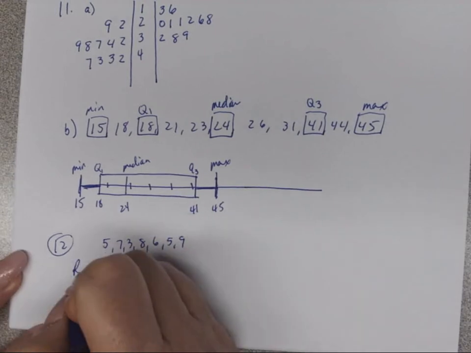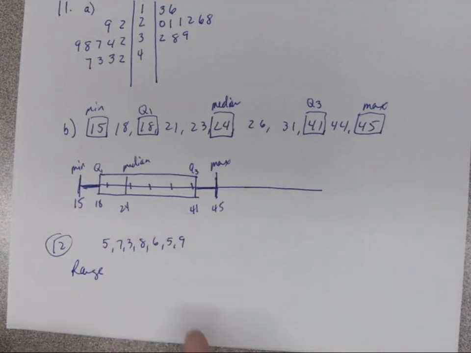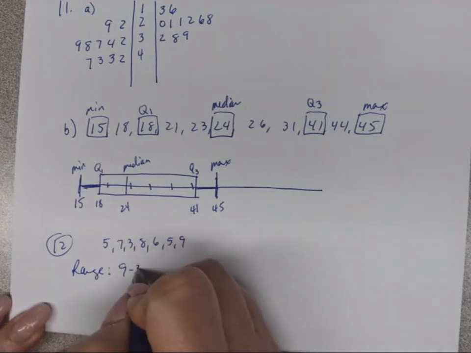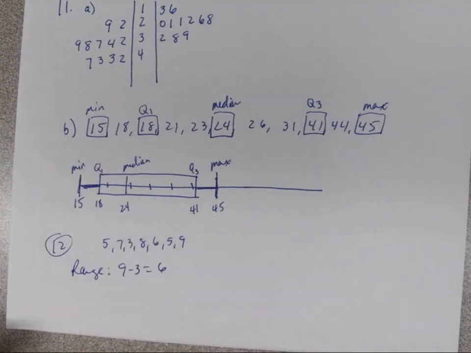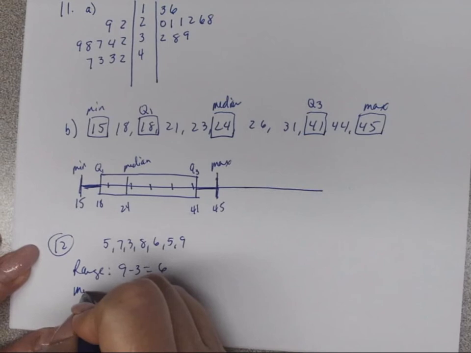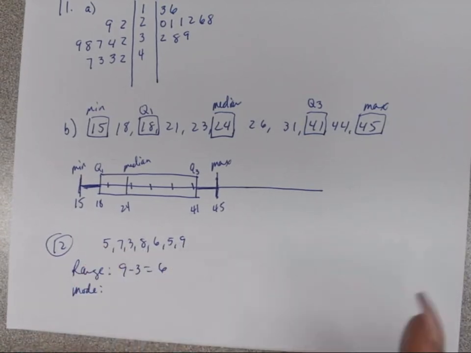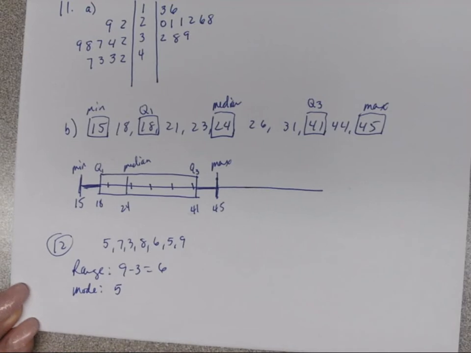To find my range, that's the range of numbers I have. I need to take the high one minus the low one. So that's 9 minus 3 is 6. The mode is the number that happens the most. The only number I have that repeats is 5, so my mode will be 5.